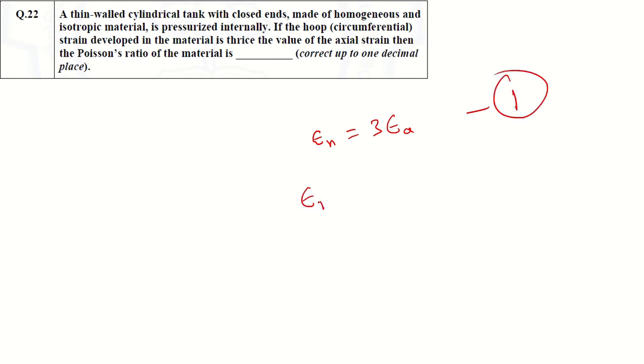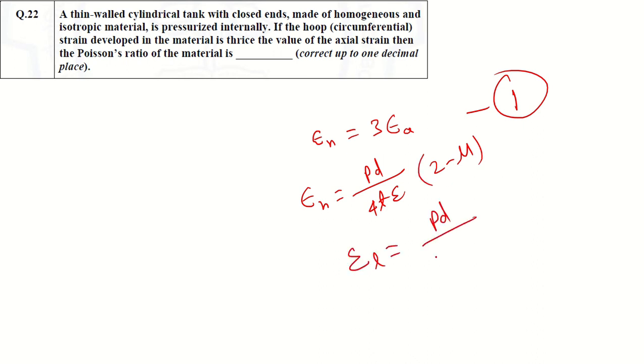So we have the formula: hoop strain EH is equal to PD by 4T E into (2 minus mu), and EL is equal to PD by 4T E into (1 minus 2 mu). What is mu? Mu is the Poisson ratio, right?